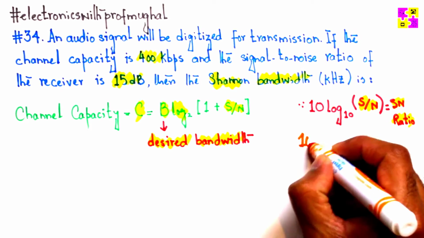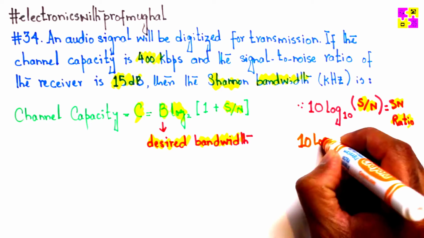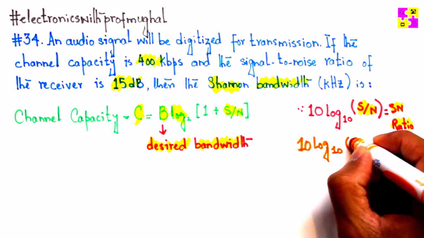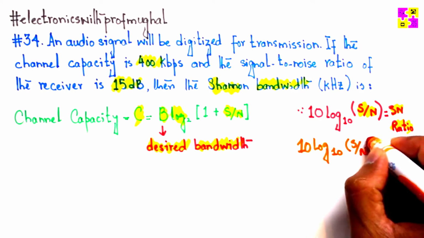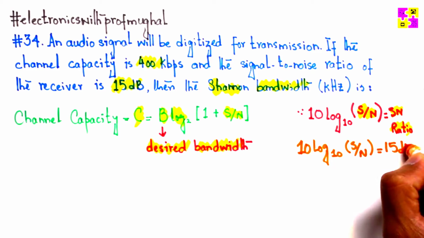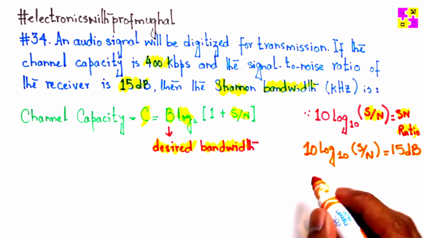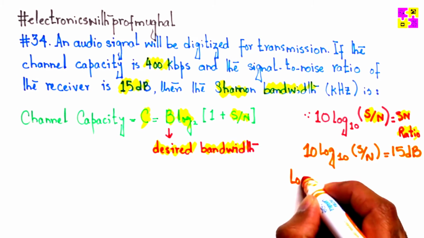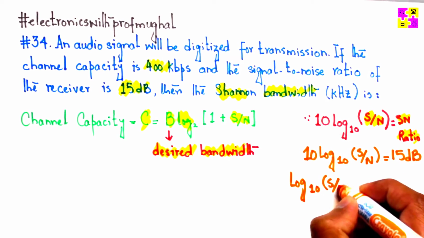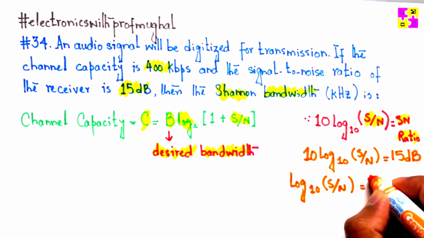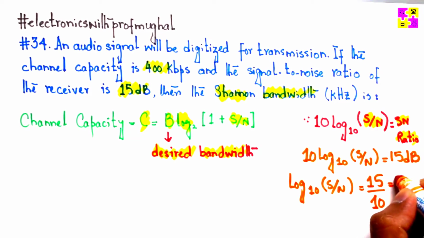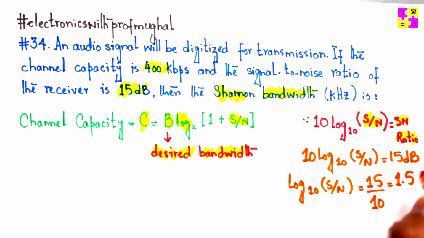So 10 log 10 of S over N, and this is given as 15 decibels, correct? I can rewrite this equation such that log 10 of S over N equals 15 over 10, which would be equal to 1.5, correct?